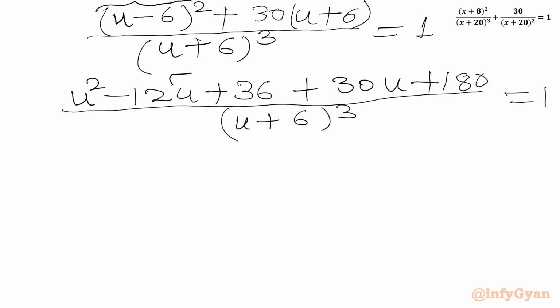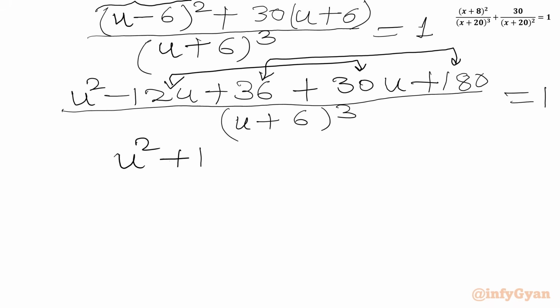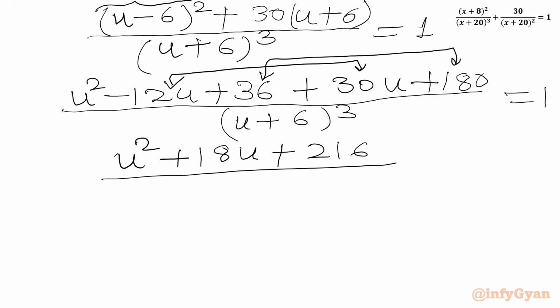So 30 minus 12 we will get 18. 36 plus 180 we will get 216. So I will write u square plus 18u plus 216 over u plus 6 whole cube equal to 1. Now in denominator we have u plus 6 whole cube.